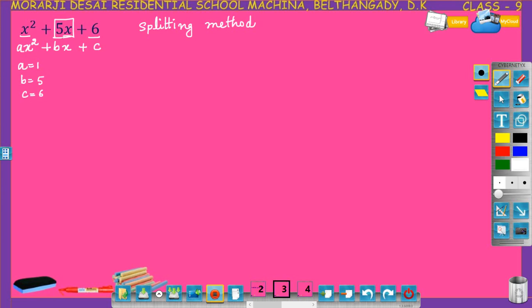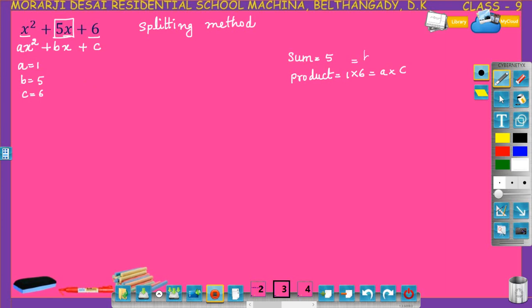Now, while splitting, you have to follow this rule. You have to split 5x such that the sum of the two numbers should be 5 and the product of the two numbers should be 1 into 6, that is a into c.